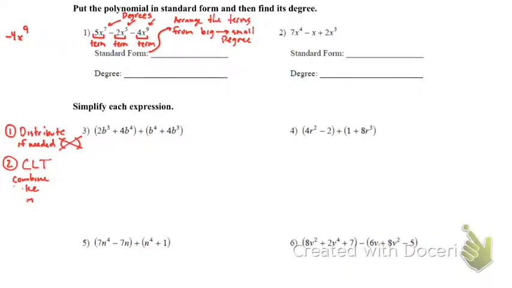Okay? What I like to do when I'm writing stuff down and reordering it, I like to cross this out. This way I just keep things orderly and I know that I used that term already. We're done with that term. Okay? Let's look for the next highest degree. And that's going to be this guy, positive 5x to the 7th.